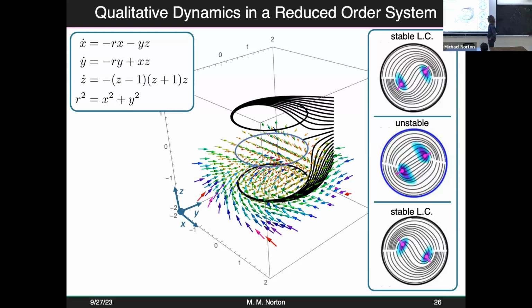No, it's more abstract than that. Glad you asked that. It's a totally abstracted thing where I just wrote a system that has two limit cycles that rotate the opposite way.